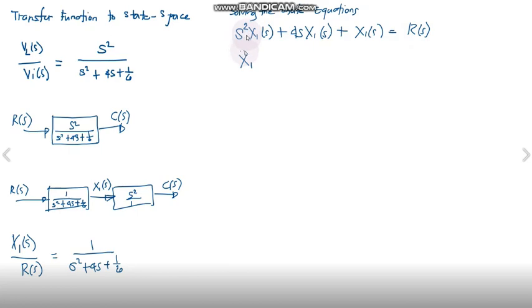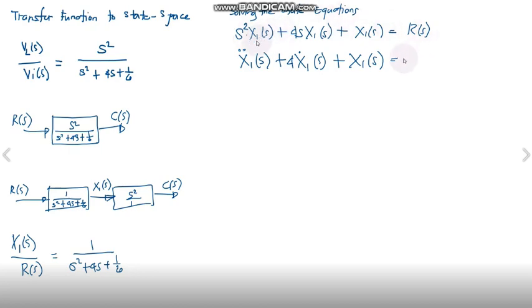And so that will be s squared times X1(s) plus 4s times X1(s) plus X1(s) equals to R(s). Okay, then after this, we're going to take the inverse Laplace of this.